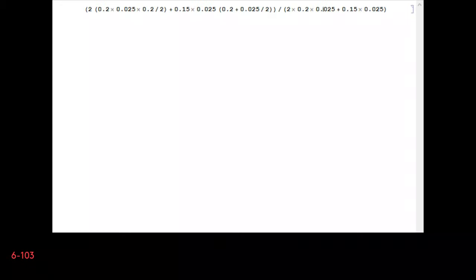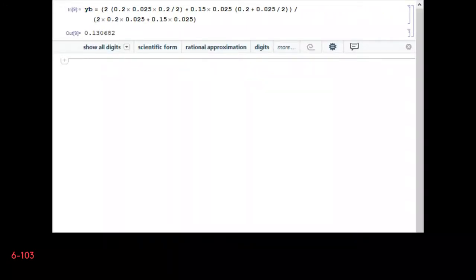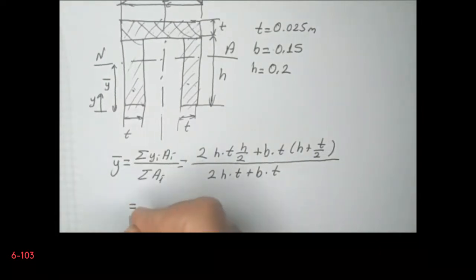So this is the location for the neutral axis. It is 0.130 meters. Y bar is located here.